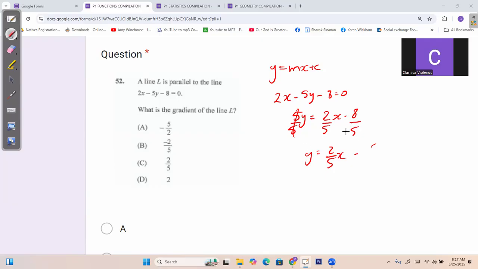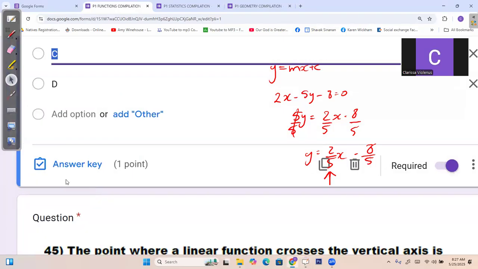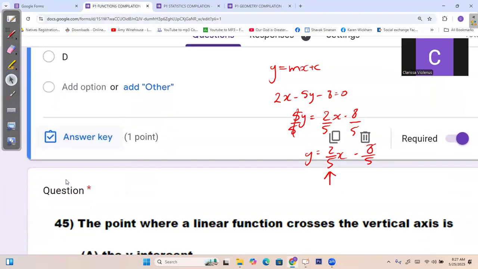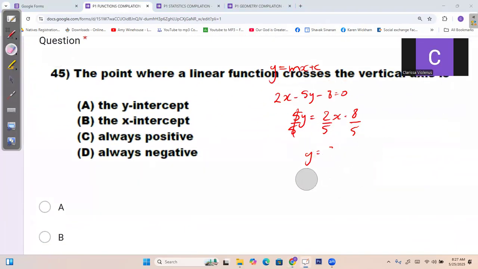Because they're parallel, that means the gradient is going to be the same. So in this case, the answer is going to be C. Yes, C is correct. Excellent. All right, so let's move on.